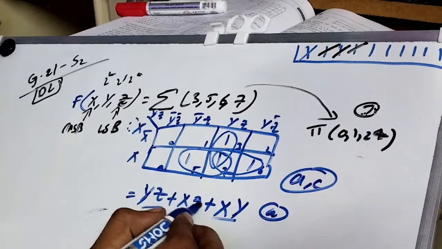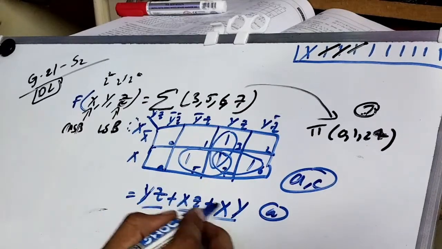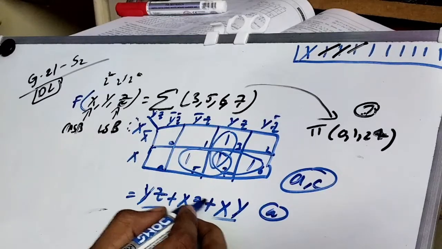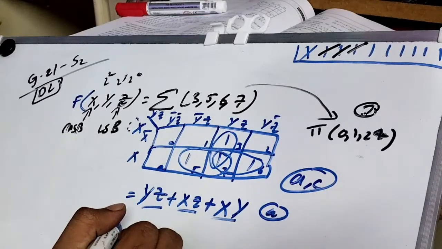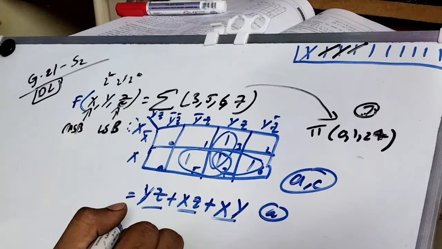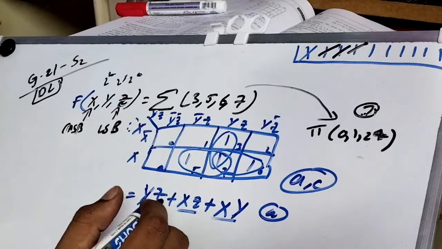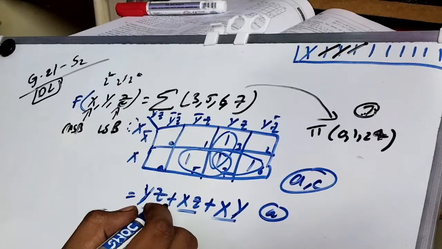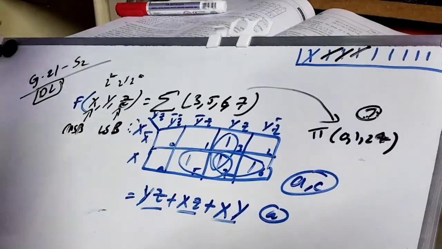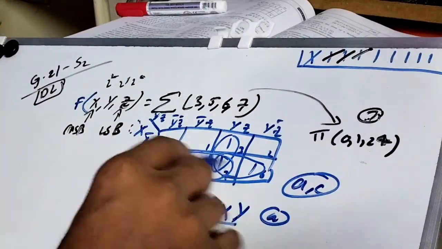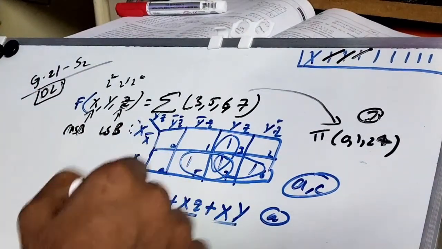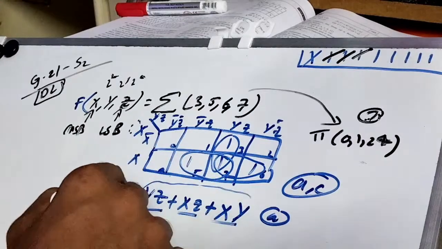We can't simplify the equation we got from the K-map, because it is already a simplified equation.